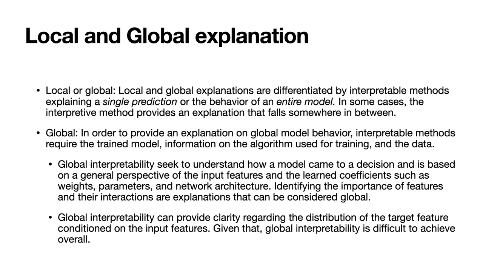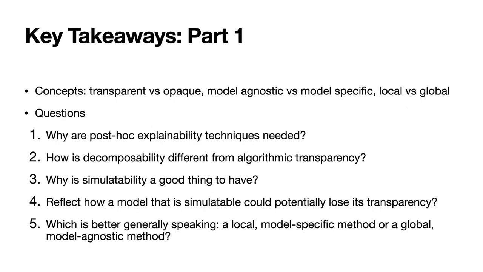This obviously becomes important because global explanations are attractive, as you know how the overall model works and you're not stuck in some local region, right? But precisely because of this, global explanations can be difficult to achieve in some cases, okay?